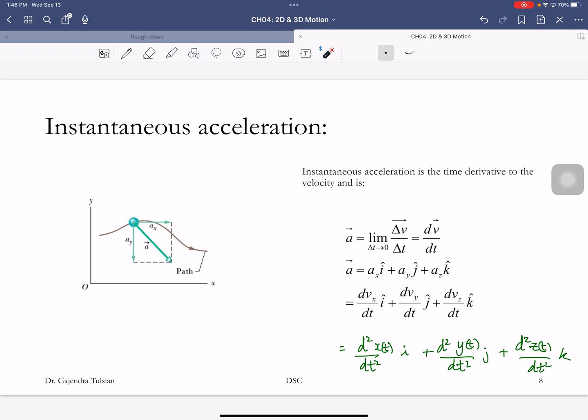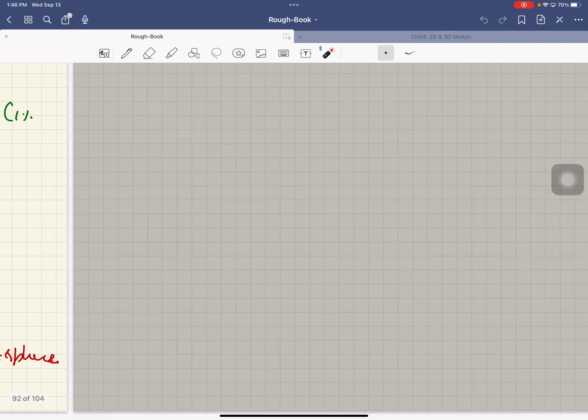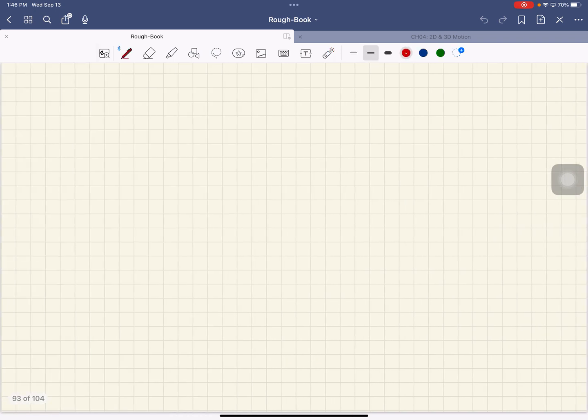Let's do an example. Okay, so we saw equations. Let's. Okay. I want to describe a motion to you, and when I want to describe a motion to you, what I'm doing is I'm giving you the x coordinate as a function of time.